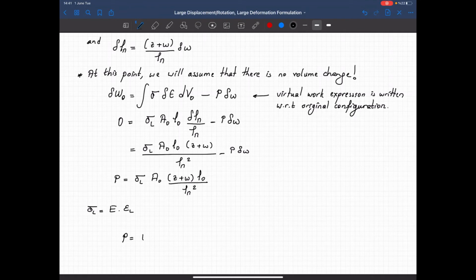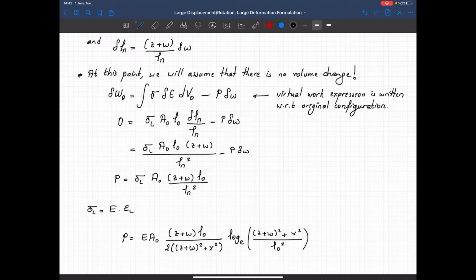P is equal to E times A0 (Z plus W) L0 divided by 2 times (Z plus W) squared plus X squared, times the logarithm of ((Z plus W) squared plus X squared) divided by L0 squared.